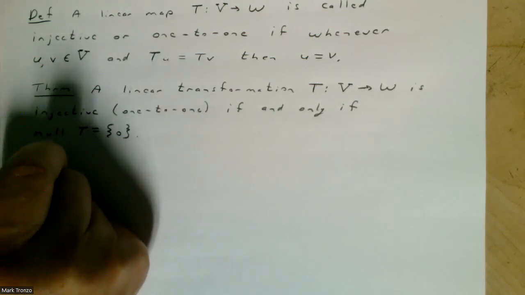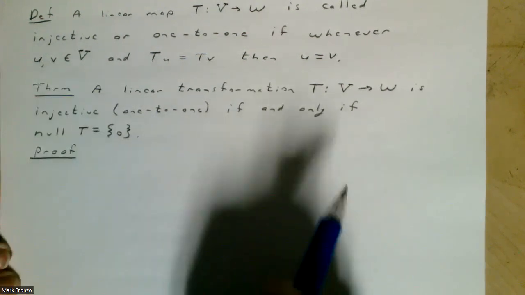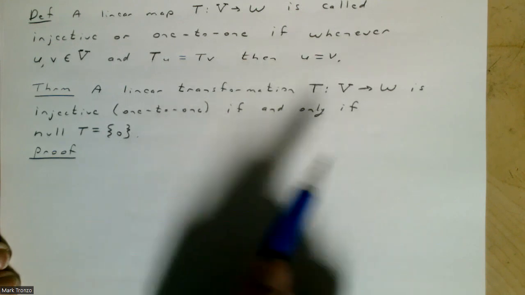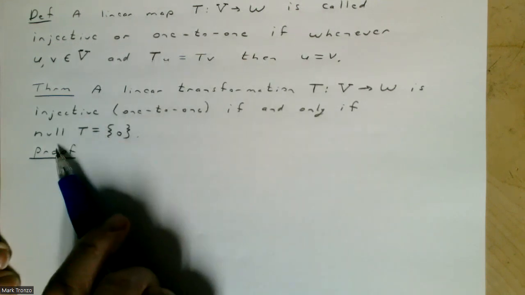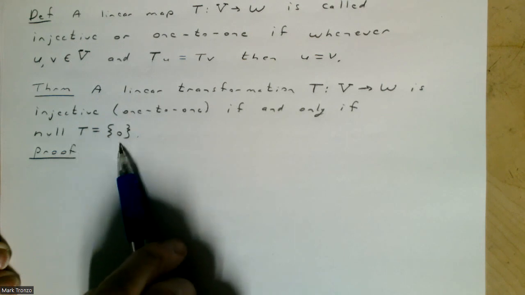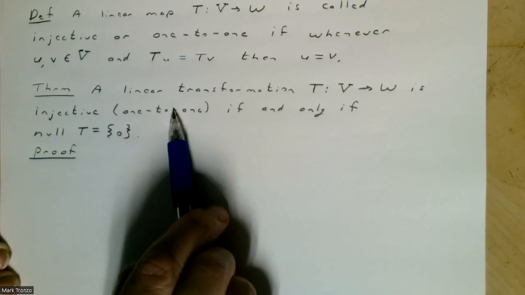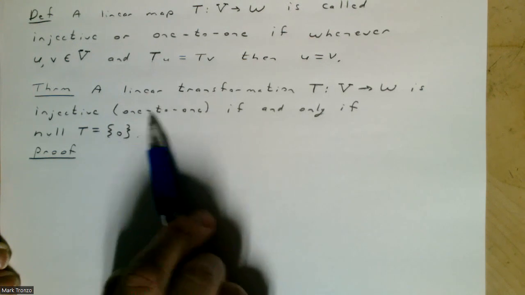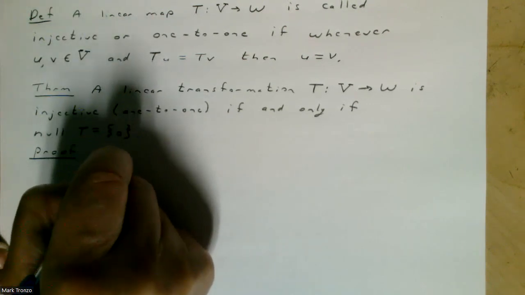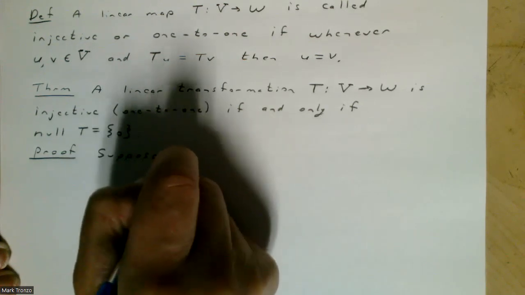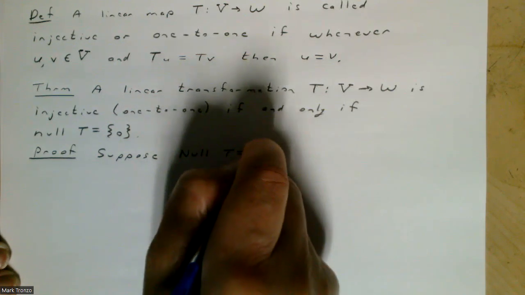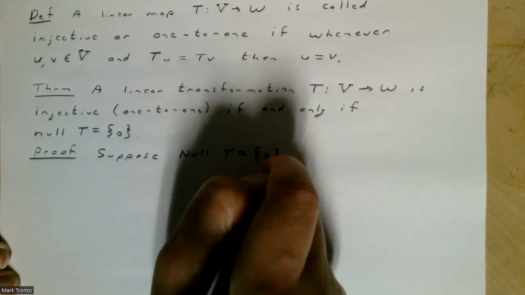So we have to prove it two ways. Remember, if it says if and only if, we have to first start with one of the assumptions. In this case, we'll start by assuming the null space only has 0 in it, and then prove it's one-to-one. And then we have to go the other way, assume it's one-to-one, and prove the null space is 0. So let's suppose the null space of T only has the vector 0 in it.